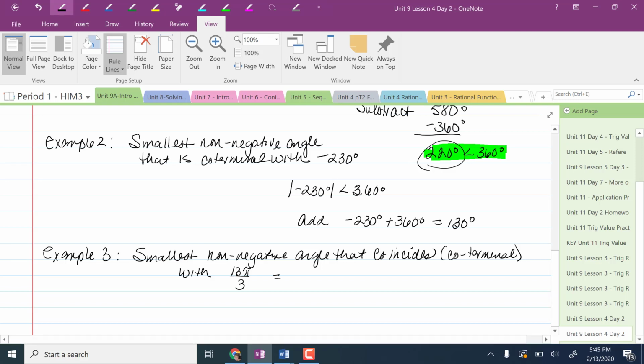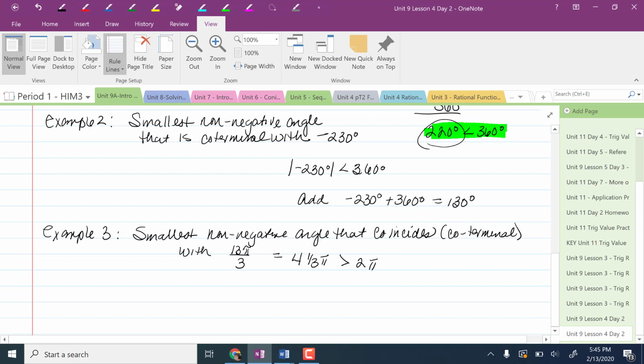So now we're talking about our radian measure. And in this instance, it might be helpful to take that improper fraction and think of it as a mixed number. So this would be 4 and 1/3 pi, which is clearly greater than 2 pi, or in the previous two examples, 360. 4 and 1/3 pi is greater than 2 pi's, but less than 6.